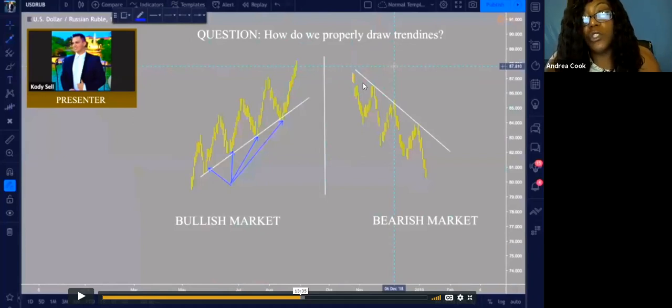The reason the trend line is above on the bearish market is because we want to know as long as price is going down. How will we know the market has turned around and gone bullish? Price would have to come up here, break this trend line, retest it, and go up.